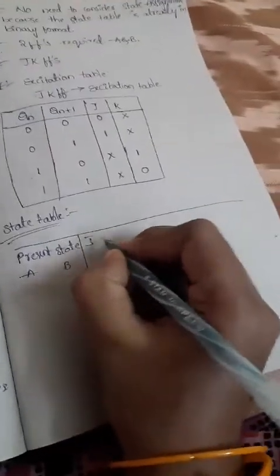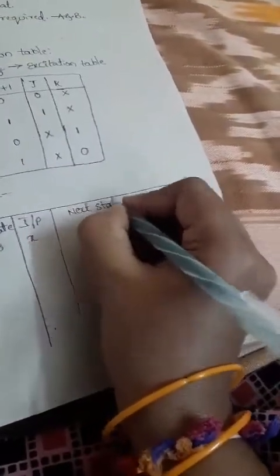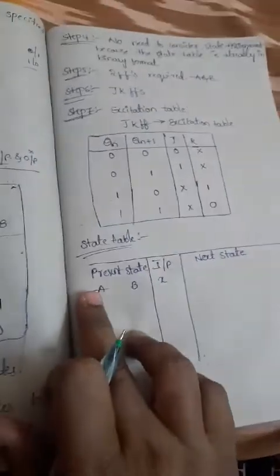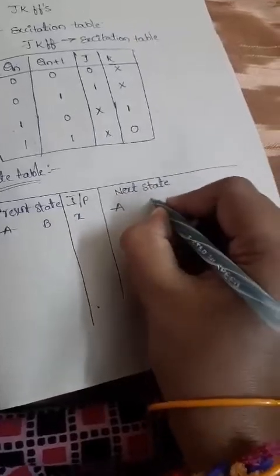The input is the X value. The next case is the next state. For the next state, what are the variables we are having? Again A, B only.